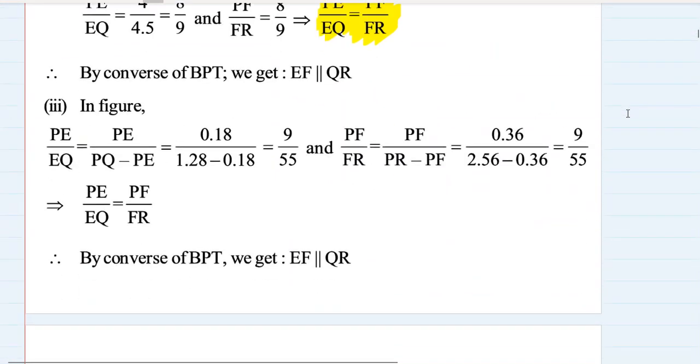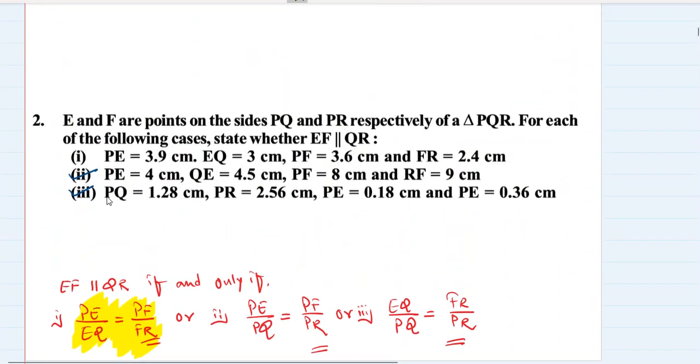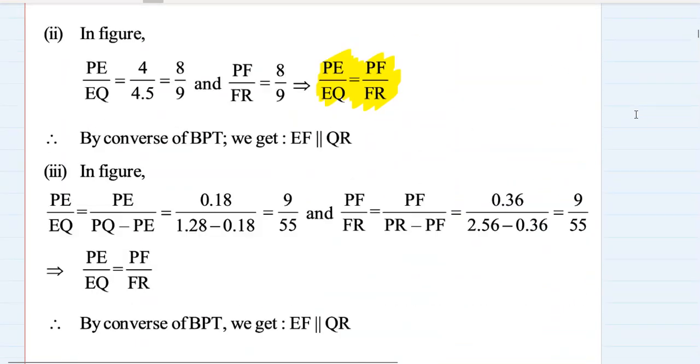But for the third one, the ratio that they have got, actually for the third one, they have got PQ, PR, and hey, they have got PE and PE. That's not possible. Let me check what is the actual.